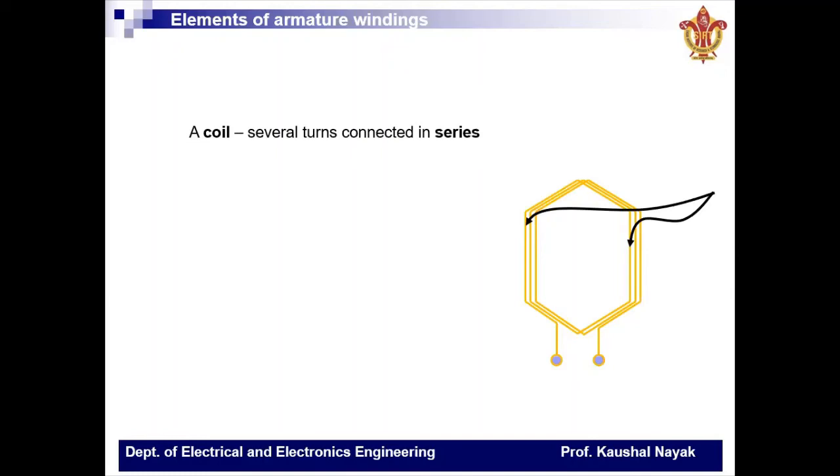Like a coil having one turn is called one-turn coil. Similarly, the coil may be designated as two-turn coil, three-turn coil, or n-turn coil, depending on whether it has two turns, three turns, or n turns respectively.